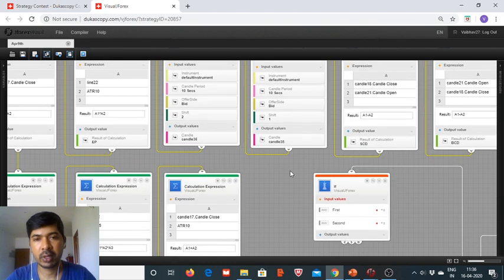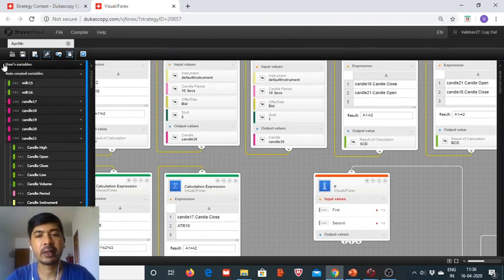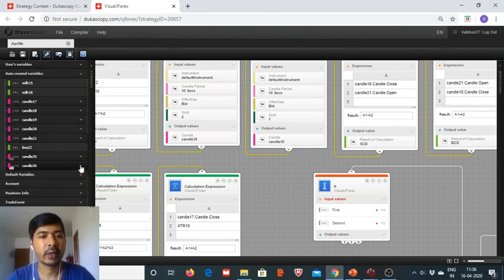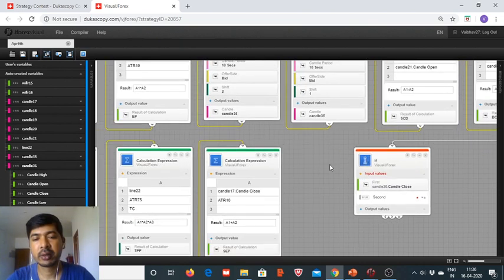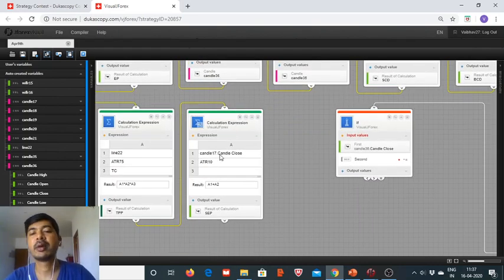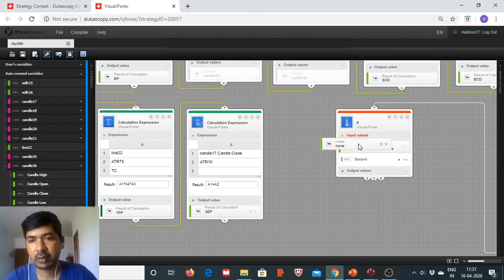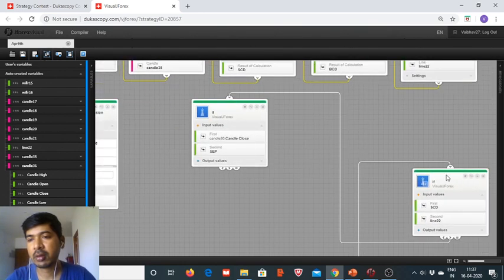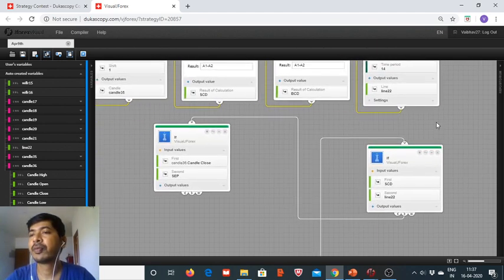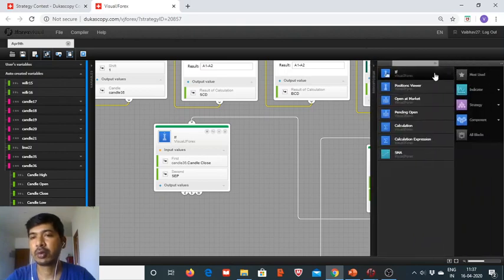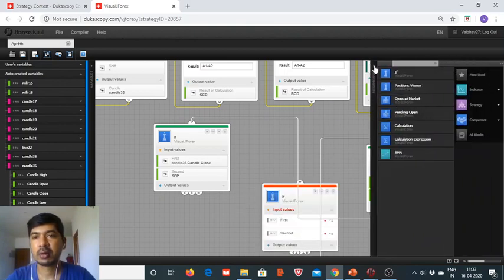So here we would look for the candle 36 and the candle 35 closing levels. So we look for candle 36 closing, candle close, and we take the sale execution price, that is candle 17 closing level, plus 10% of the ATR. So here it is, and then we go for the candle 35 close.